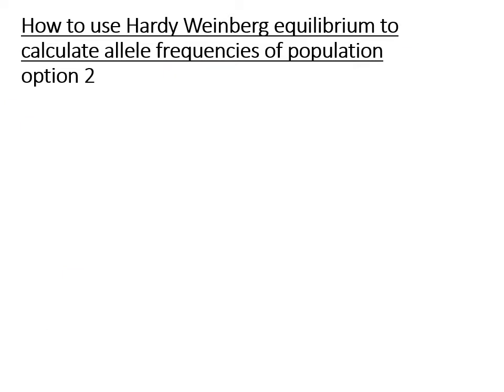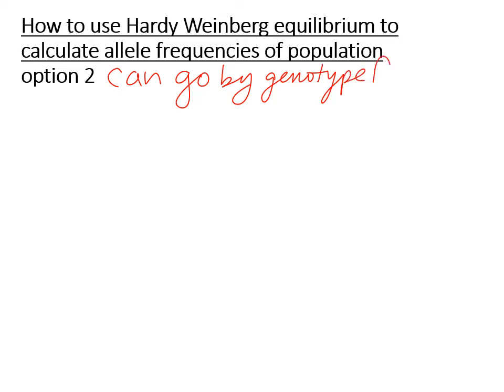The second way that you can get allele frequencies is by going by genotype frequencies. Now we said there are 3 genotypes in this example. There's the 1-1, the 1 delta 32, and the delta 32, delta 32 genotype.